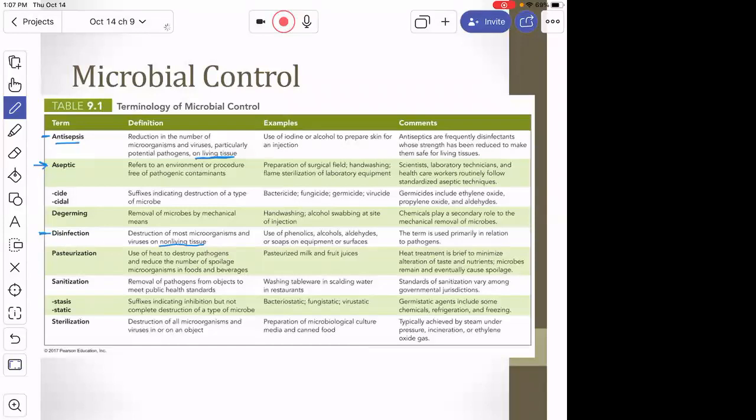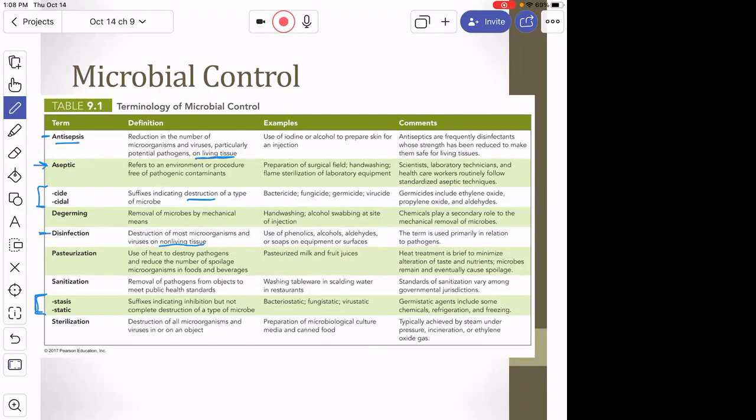Let's see, these suffixes, -cide and -cidal, and we can compare them to the suffixes -stasis or -static. If a chemical is bactericidal, that means it's going to kill, the destruction of that microbe. So bactericidal destroys bacteria.